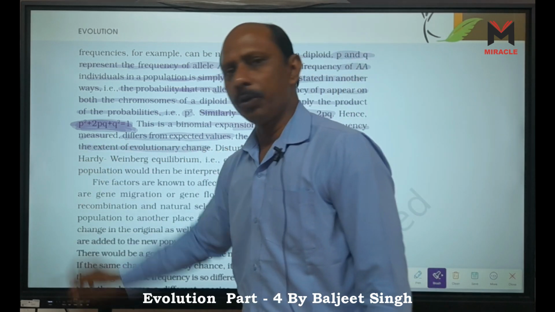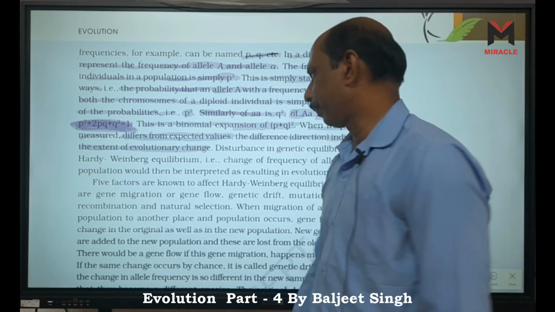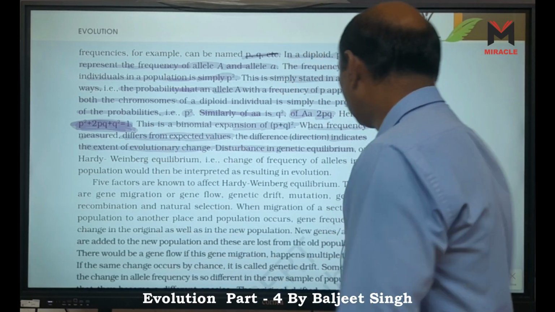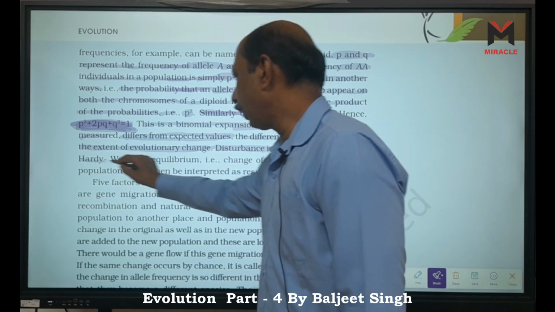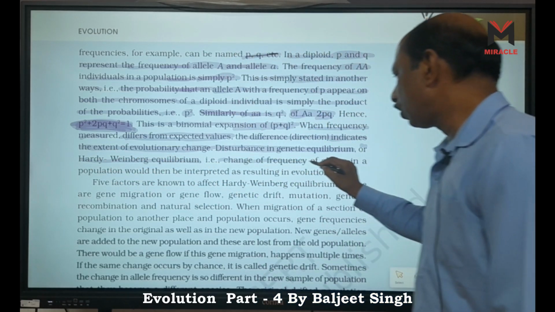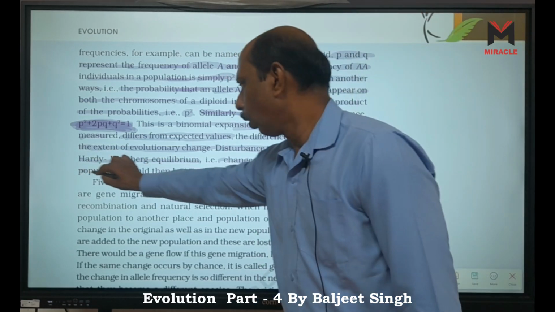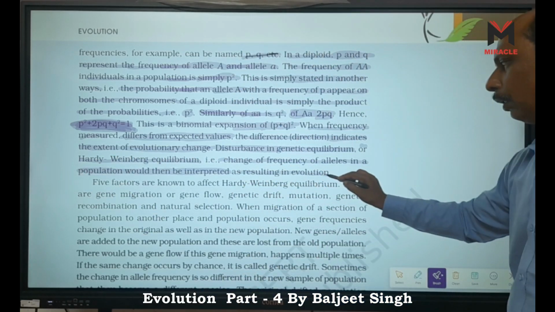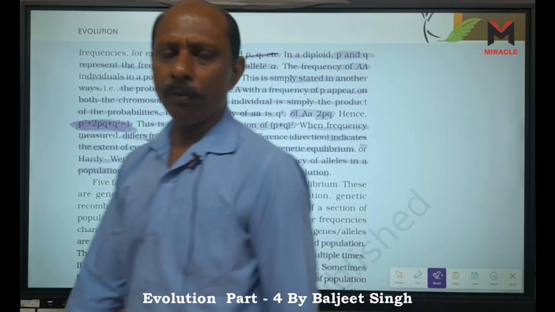That means some evolution is going on. A disturbance in Hardy-Weinberg equilibrium, when the sum is not equal to 1, means the frequency of alleles in a population has changed, resulting in evolution.